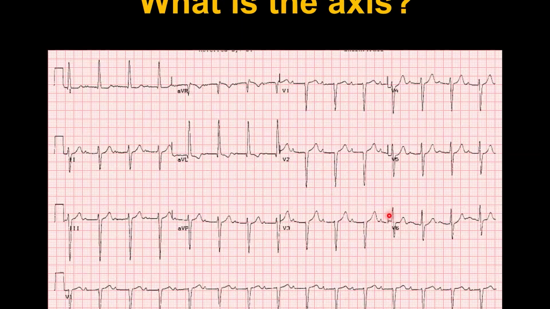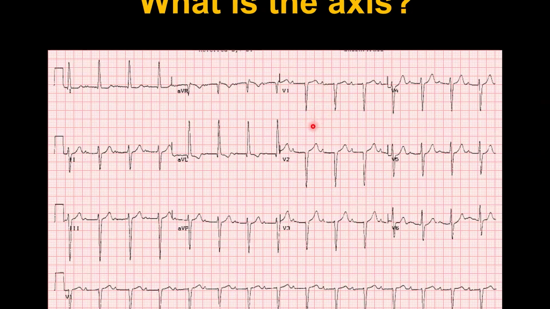So here's another one with a different axis. You notice that the PR interval is long here, right? It's probably 280 milliseconds, right? One large box and a couple of small ones. The heart rate is a little under 100.